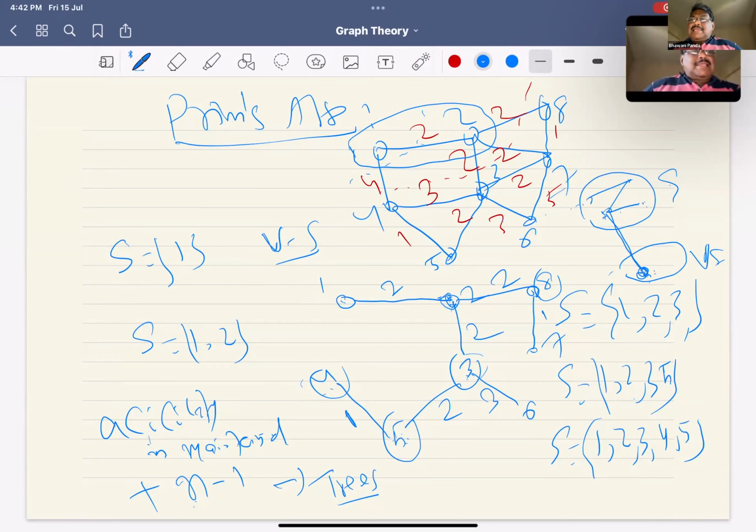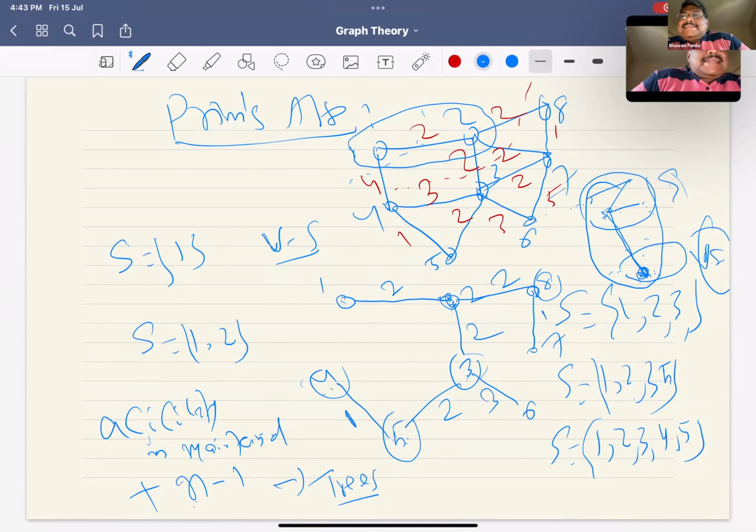And the moment I have added it, I put this vertex in S. The set of edges in S will induce a connected graph, and V minus S is the other vertices. From S to V minus S, several edges are going. One of the minimum cost edges from S to V minus S, I'll just add it. So that will be a tree.